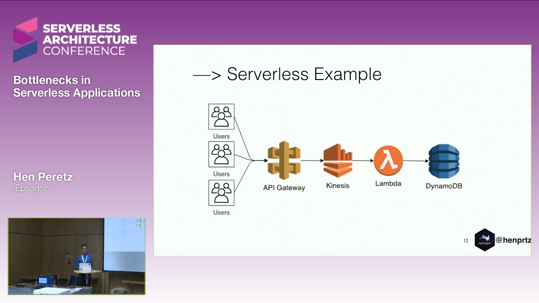Yes. One would be exceeding concurrency on Lambda. Another would be DynamoDB if we don't have automatic scaling or automatic provision. Kinesis can run out of streams because it doesn't automatically scale, and API Gateway can be throttled if our limit is set too low.